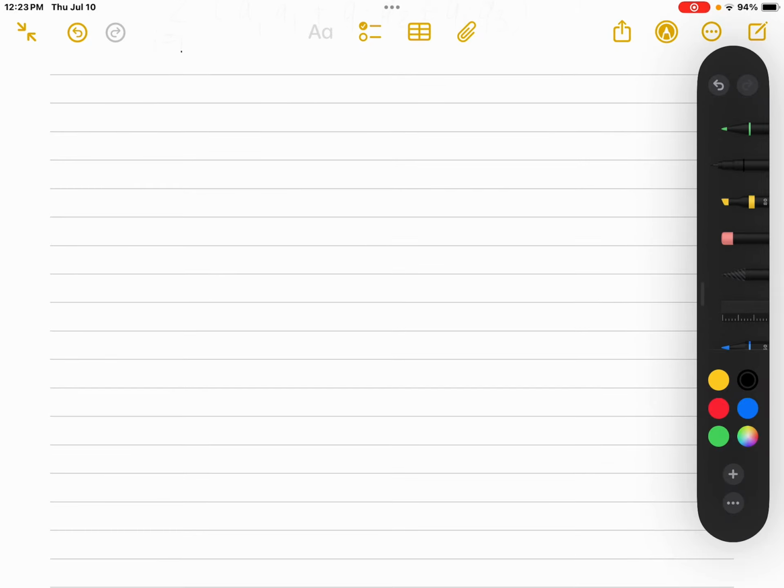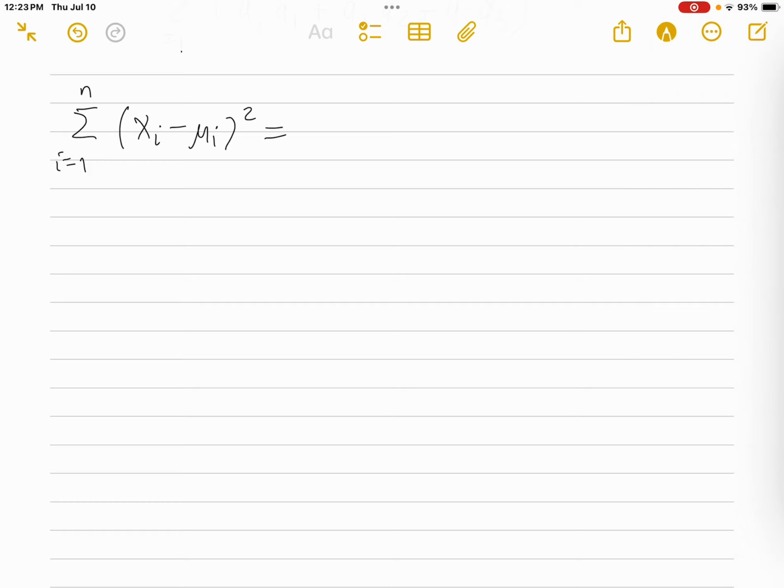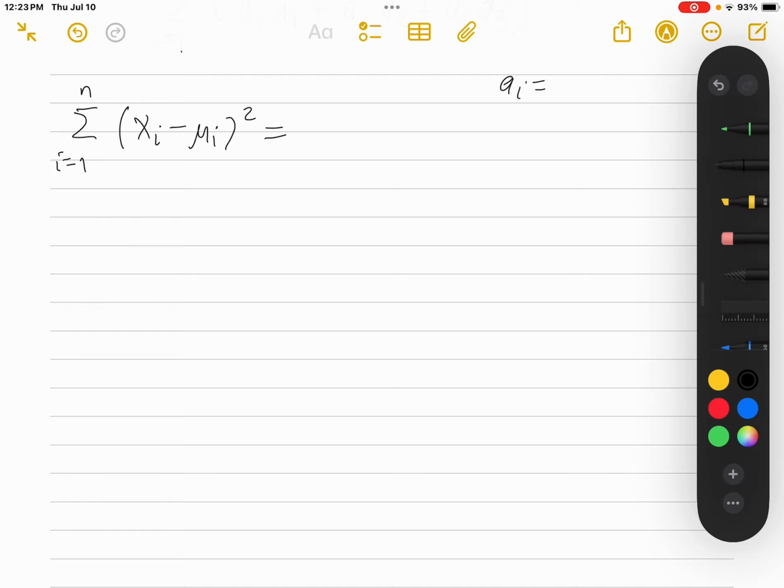Well, we have the sum from i equals 1 to n of xi minus mu i, squared, is going to equal, so we're using ai as xi minus mu i, right?